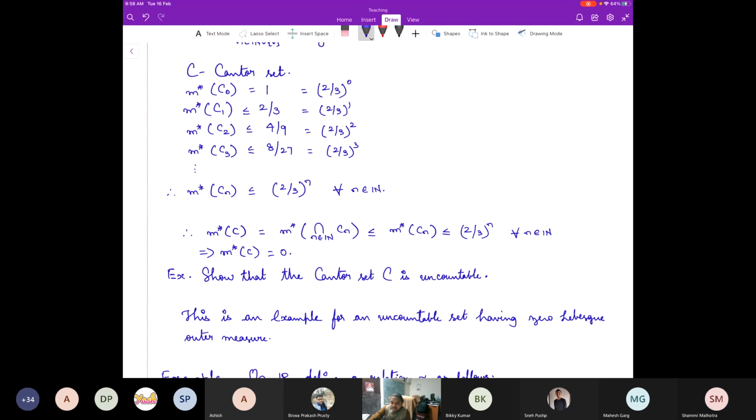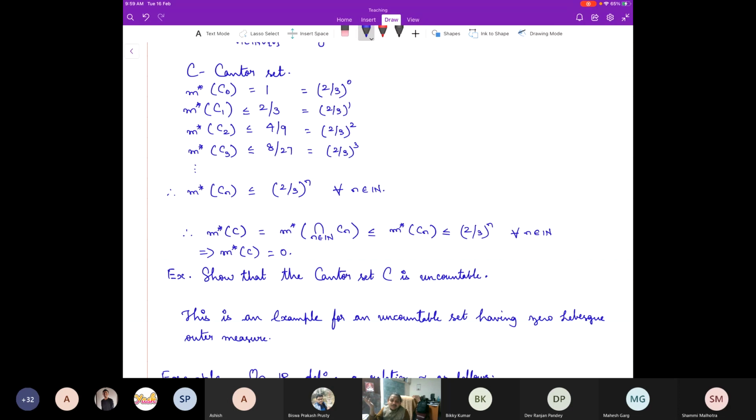Sir, so what is the outer measure of rational and irrational? Means set of rational numbers and set of irrational numbers. This we did. What is the M star of any set having a countable number of elements? It is 0.